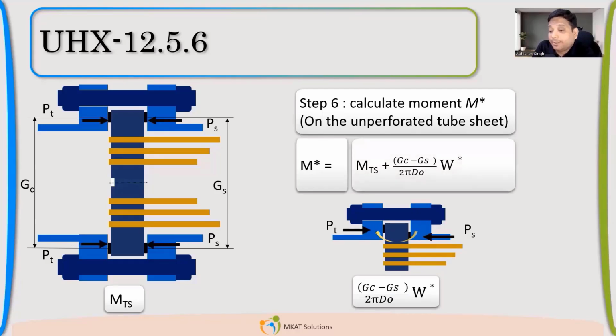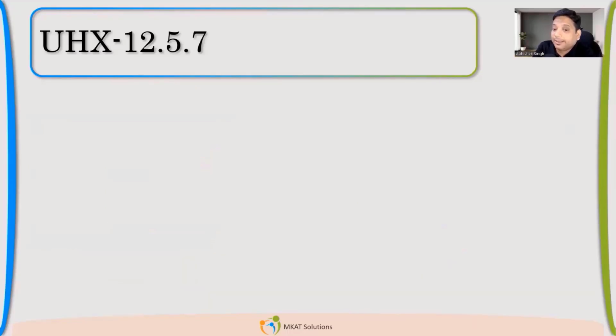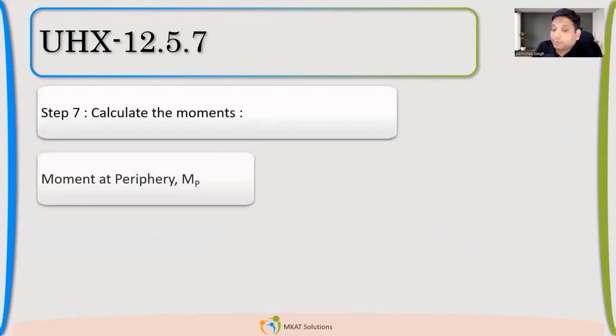So we'll get that moment, and if I add that to the one calculated earlier, that will be my total moment on the unperforated tube sheet. Great, so I have calculated the moment on the unperforated tube sheet.